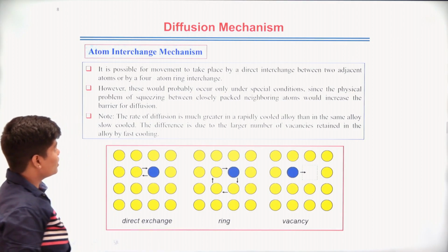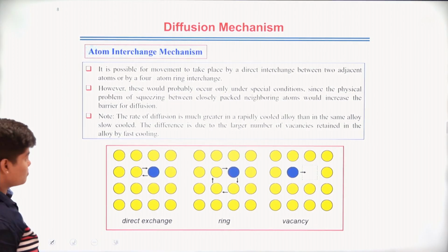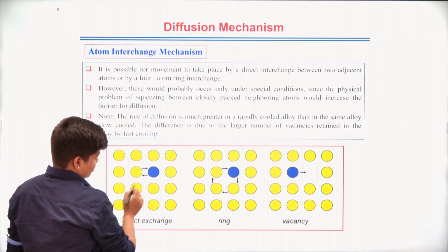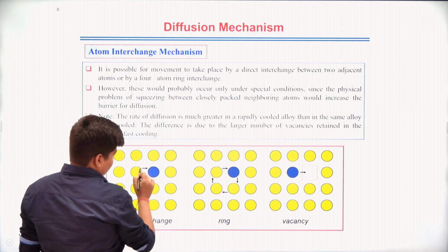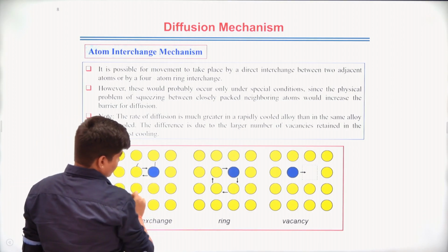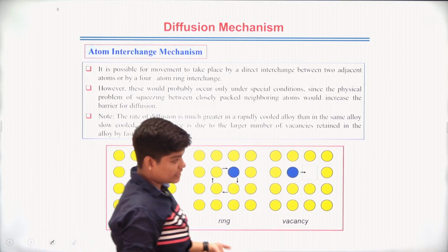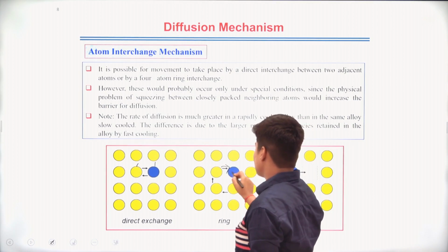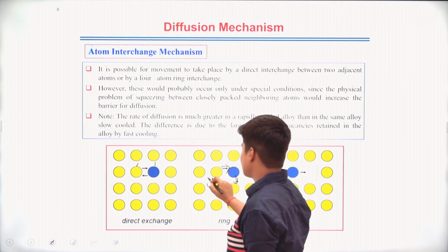Another one is the atom interchange mechanism, meaning atoms in the material interchange their positions. One is direct exchange from this atom to this atom. Another is ring exchange, where four atoms exchange their positions, from this to this, this to this, this to this, and this to this.